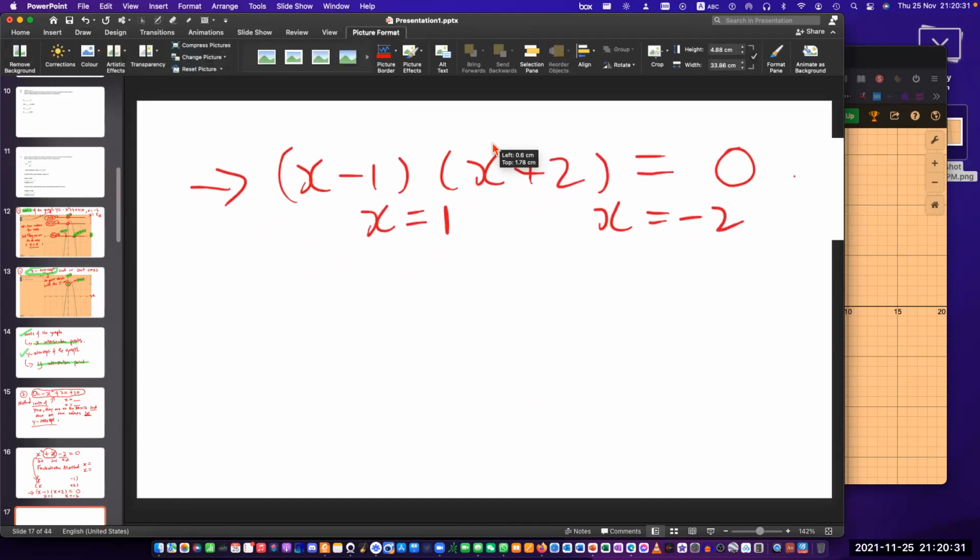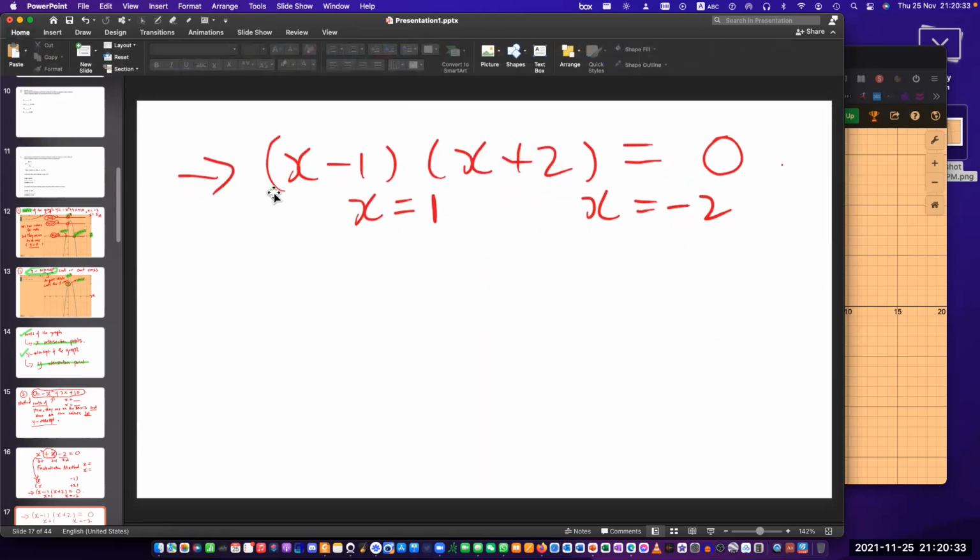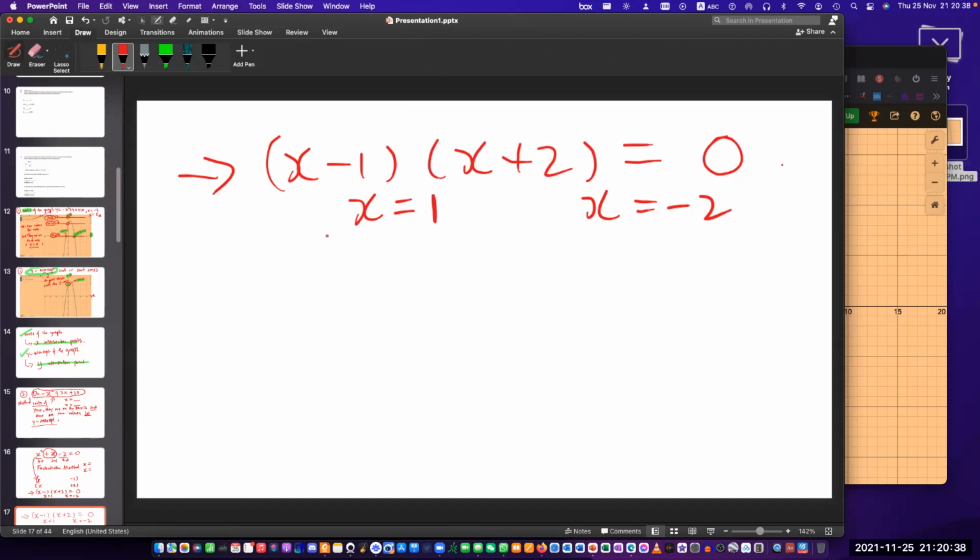Just now you said one of them is x equals to -1, right? Actually, you cannot get -1. I tell you why. The answer is x equals to 1 or x equals to -2.